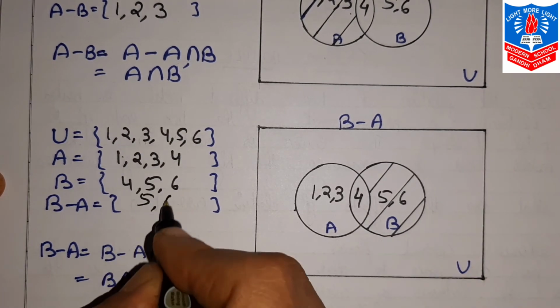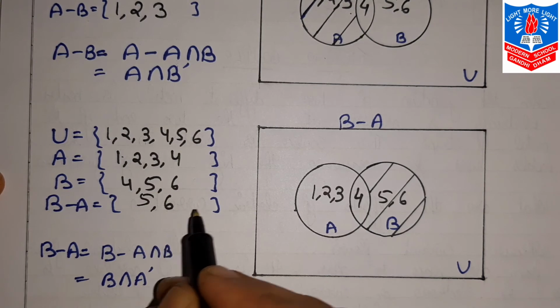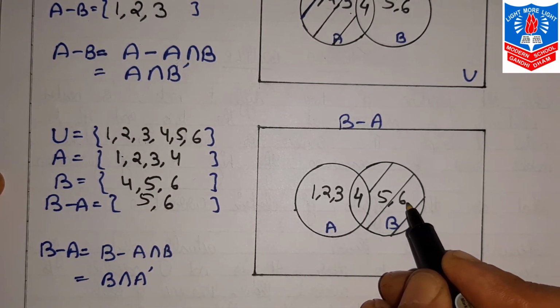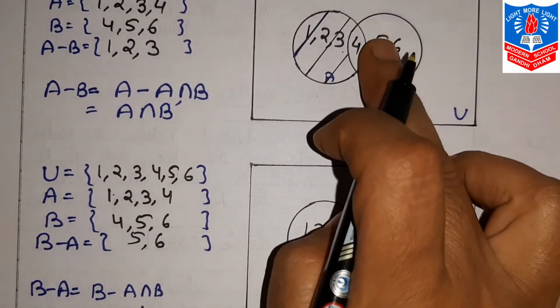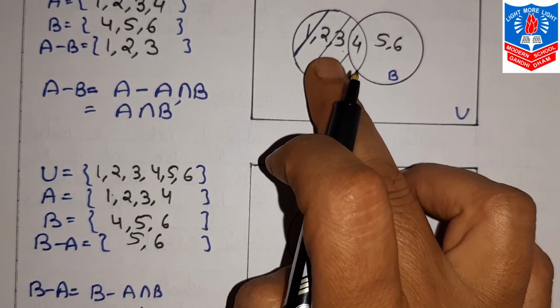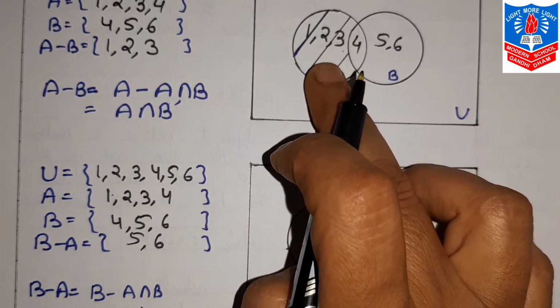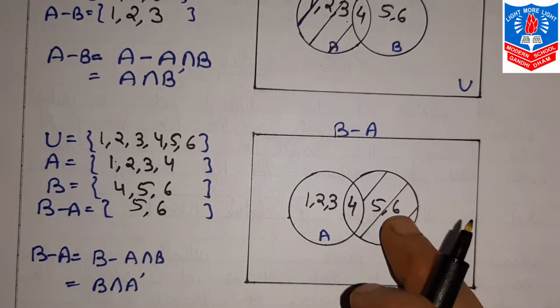So here the difference event of B will be 5 and 6. Remember, we have to highlight this portion, not that of A. Same with this also: because it is the difference event of A, we show it by highlighting A only, and here with B we highlight it.